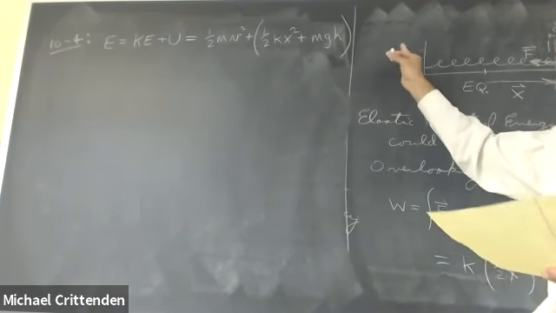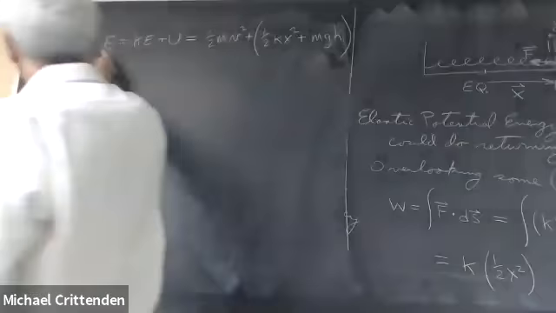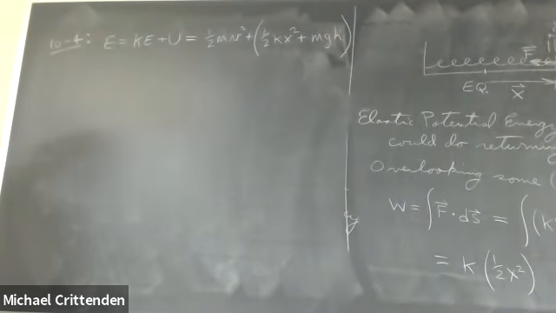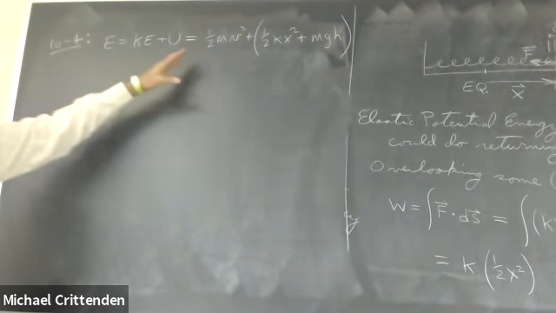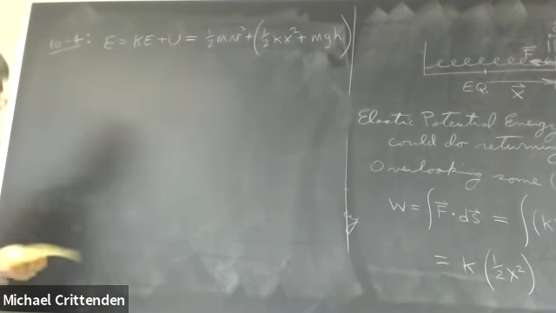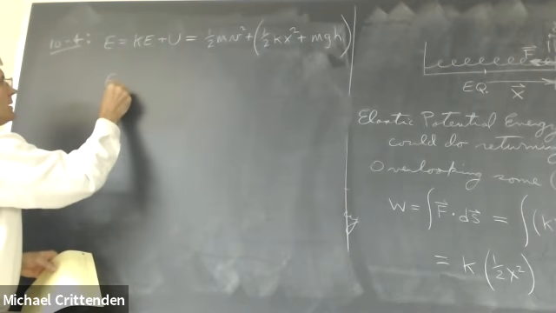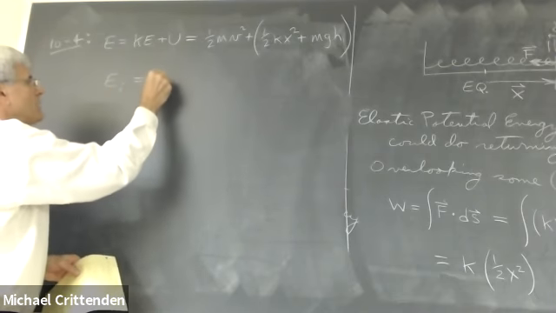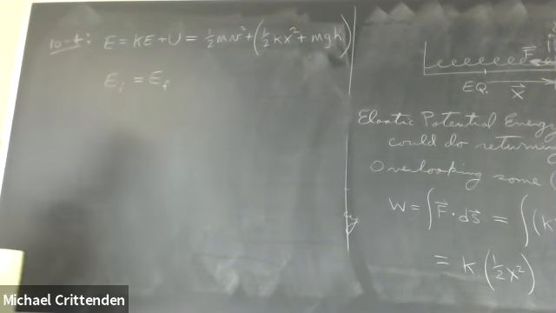Those 3 things added together, that's the total mechanical energy. That's the thing that will be equal to the same thing before and after. E initial equals E final, because there are no non-conservative forces present to change it.